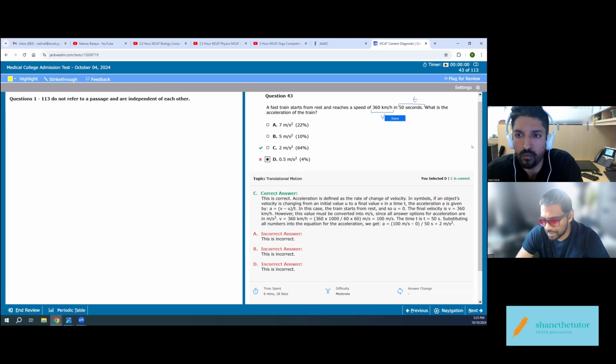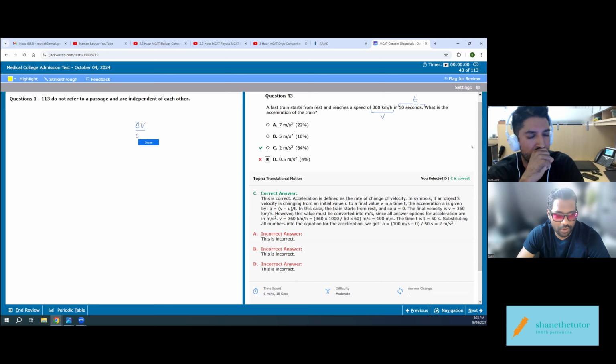What's the formula for acceleration? Is it delta V over delta T? Exactly. Change in velocity over change in time is acceleration, right? And the delta V is just V final minus V initial, right?